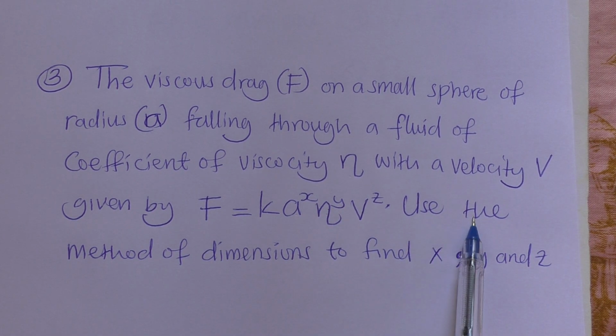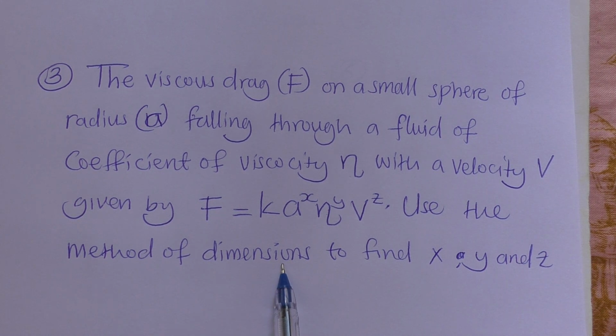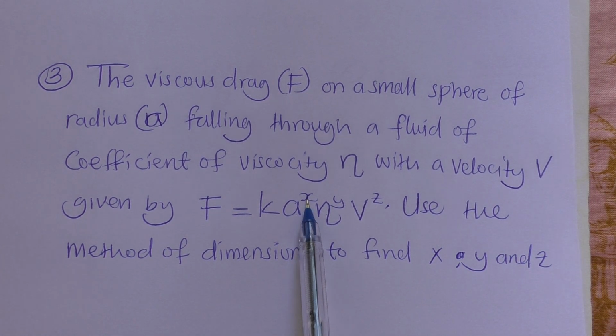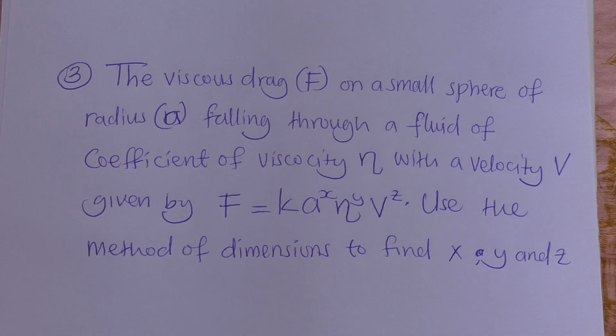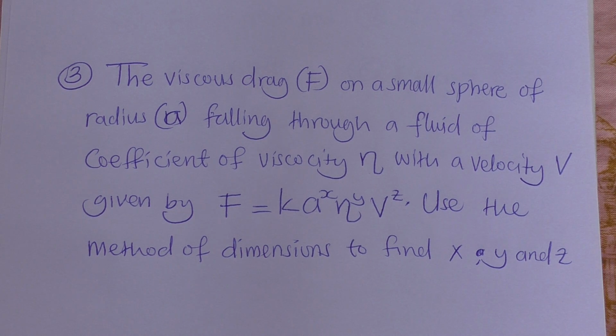They want us to use the method of dimensions to find the values of x, y, and z. So you try those two numbers for your own practice. Otherwise, you can also comment with your solution so that we share together as we learn together.